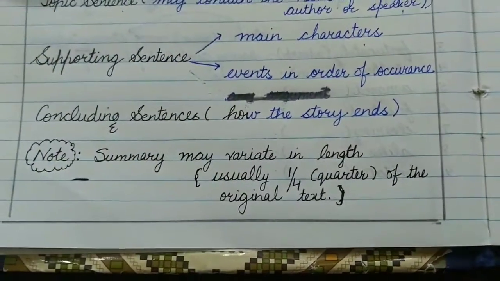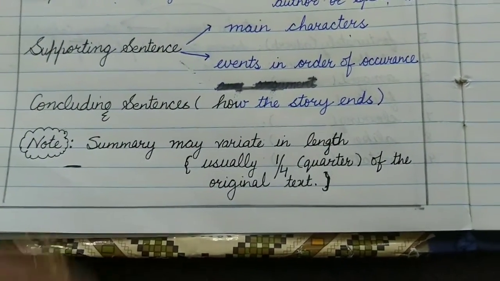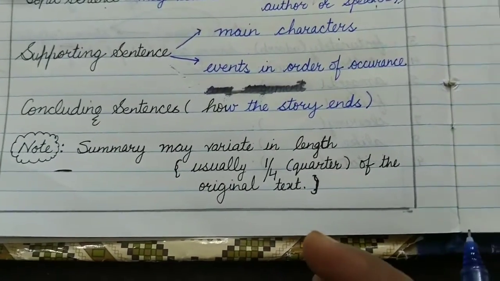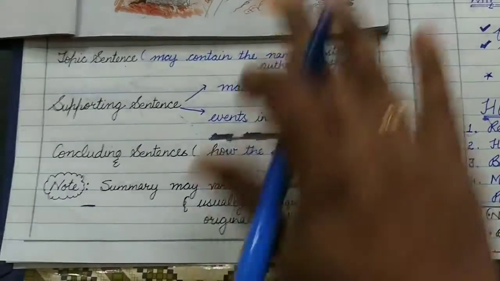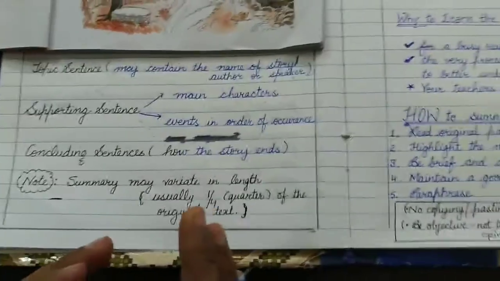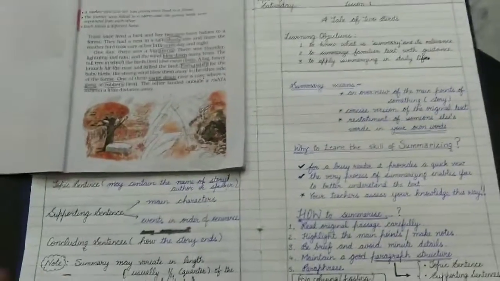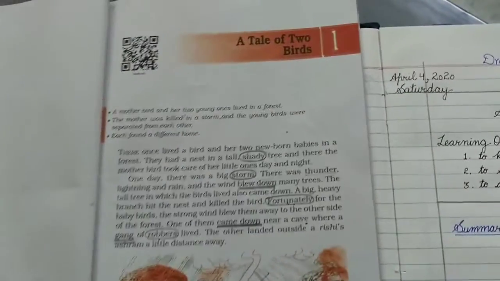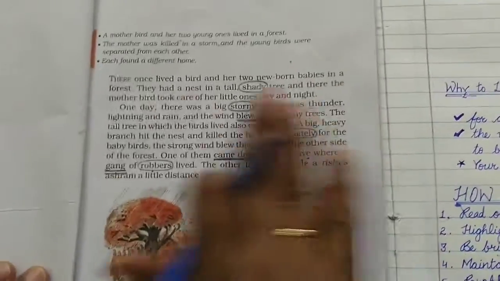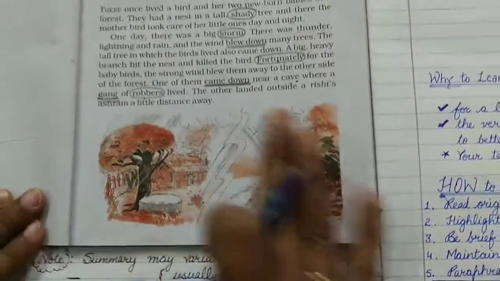That depends upon your understanding, how well you have understood this chapter. So I expect, after knowing what a summary is and how to summarize it, you need to write a summary of this lesson.